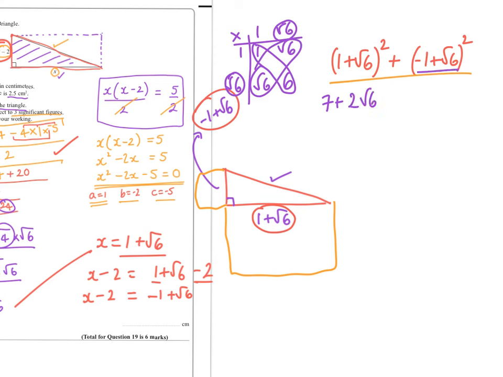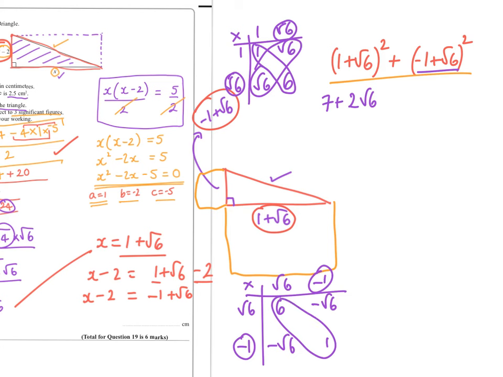This one here, I'm just going to write it down here, and I'm going to call it root 6 minus 1, because that's exactly the same as minus 1 plus root 6. It's just easier to write. So here is 6, I've got minus root 6, minus root 6, and then minus 1 times minus 1 is just 1. So here I've got 7 minus 2 root 6.